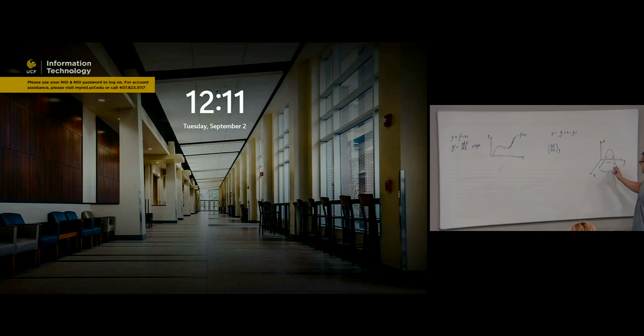For example, in that case, we keep y the same. This is y the same, right? So we change x. Then you have this kind of curve. Correct, everybody? You just cut along this one, right? Then we do the derivative along this path. That is the slope on this one.